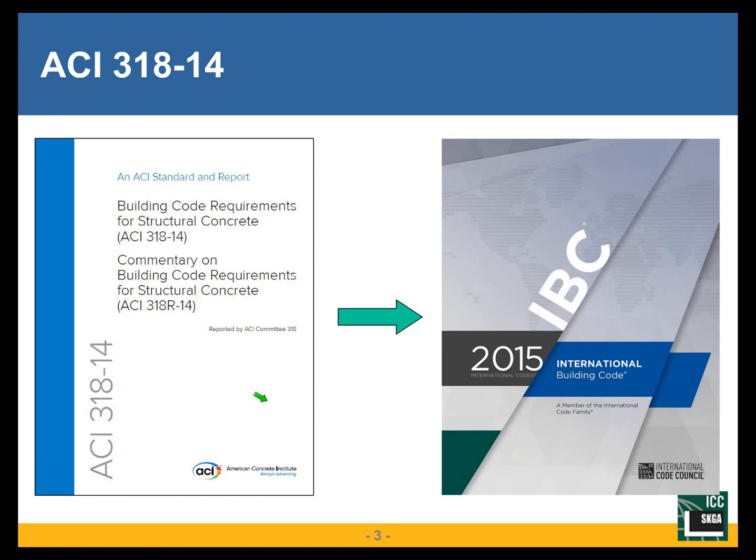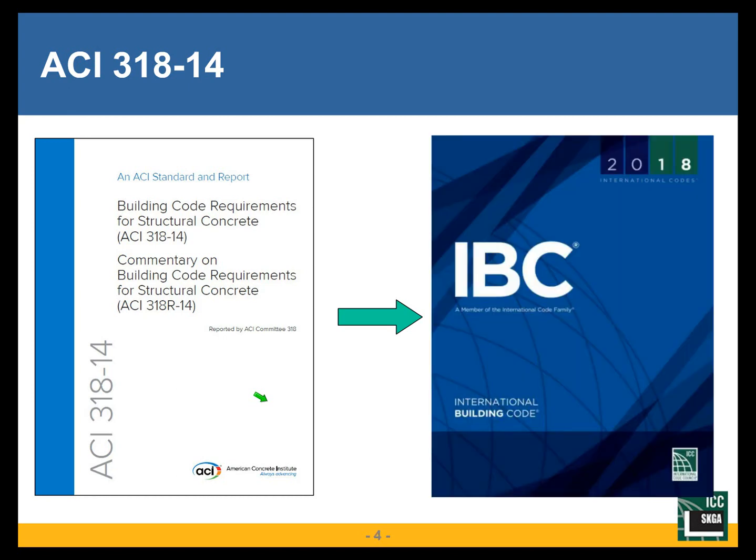And the 2018 IBC, which came out in September of 2017 and has really not been adopted anywhere yet, also adopts ACI 318-14. This is just one of two major standards that have not been updated from the 2015 to the 2018 IBC.